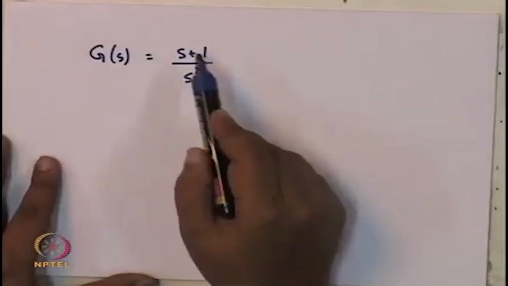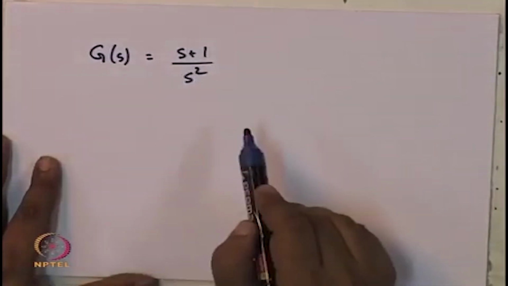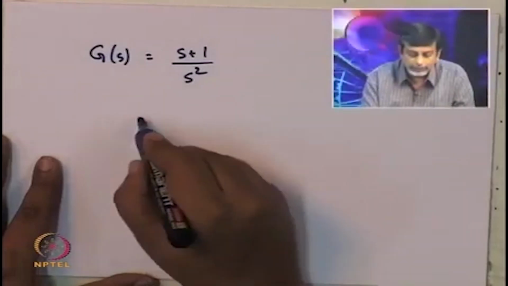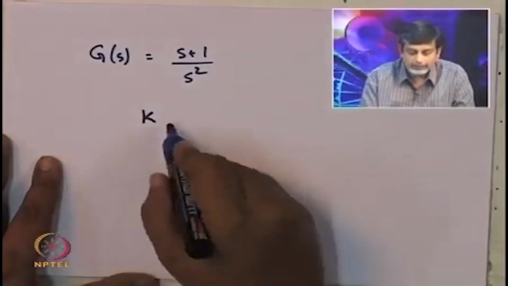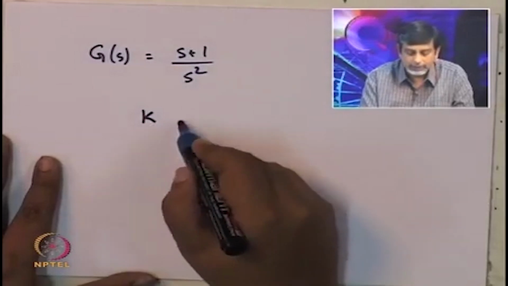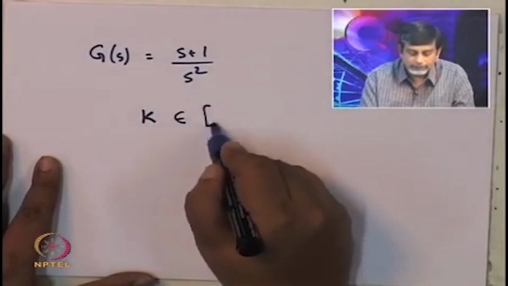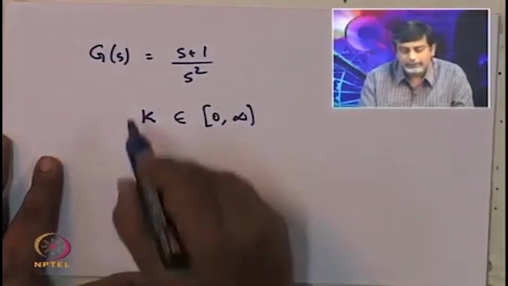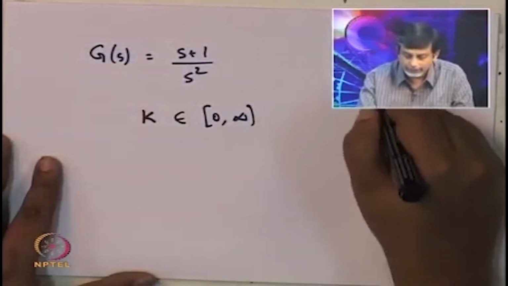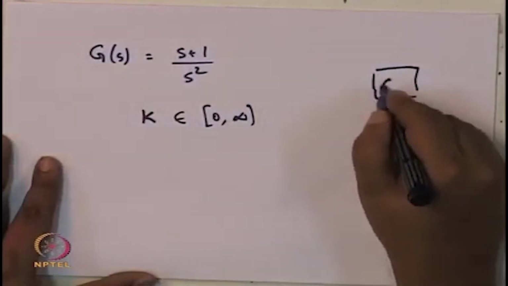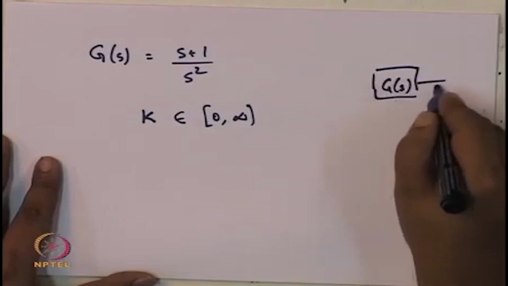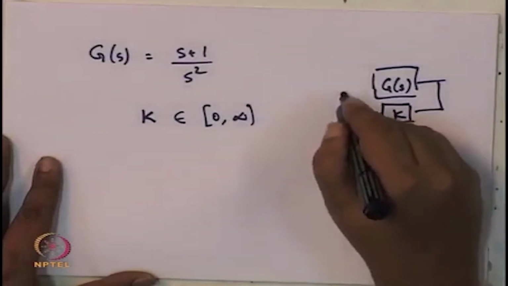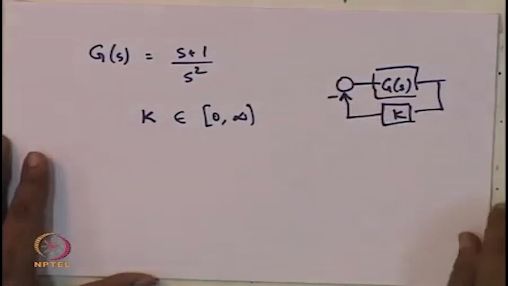If you take this linear plant in a feedback structure, then it should be clear that for all feedback k in 0 to infinity, this given feedback system is stable. That means, if you take G(s) and you give a feedback which is a linear gain k, then the resulting system is stable.